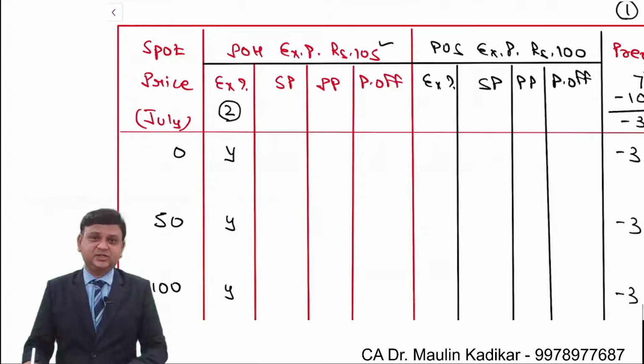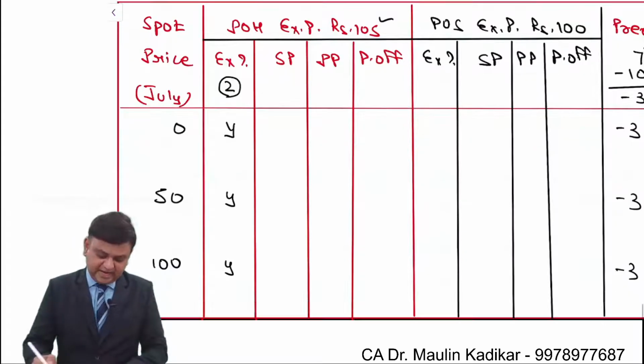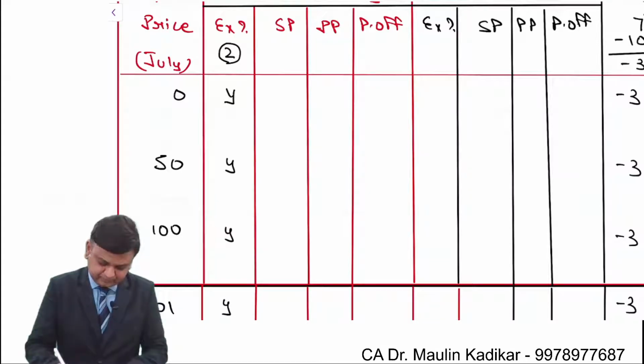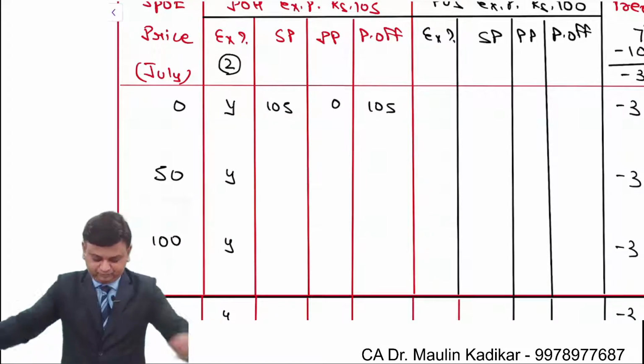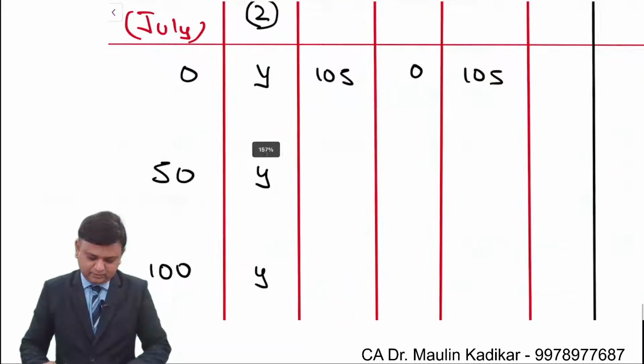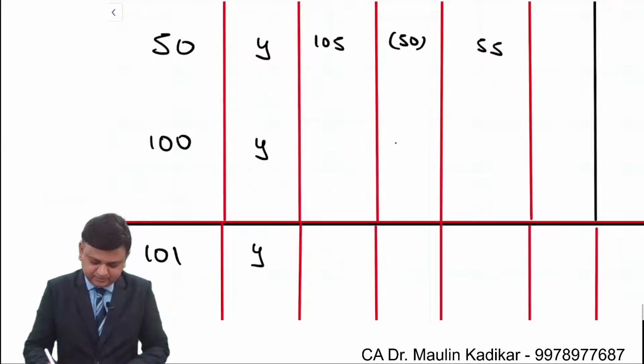Now when you exercise your right, you will purchase the security at spot price to be sold at exercise price. So the difference is the payoff.